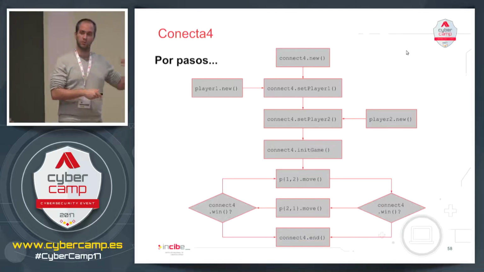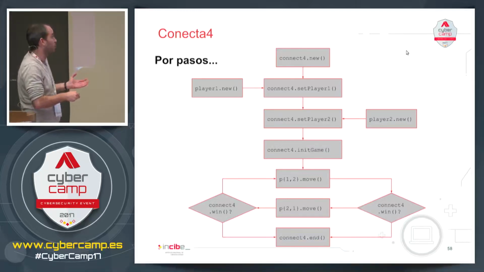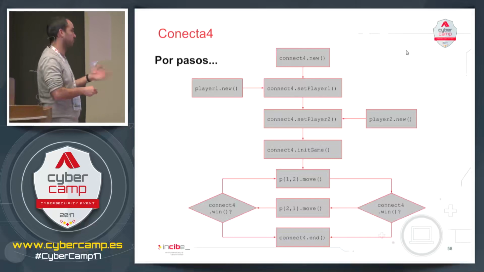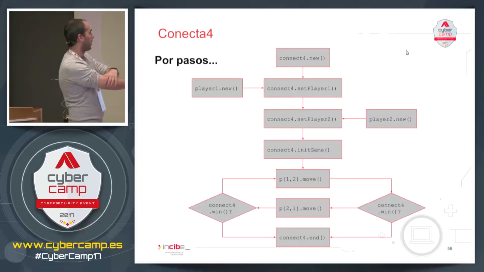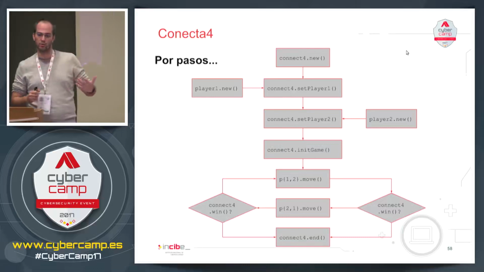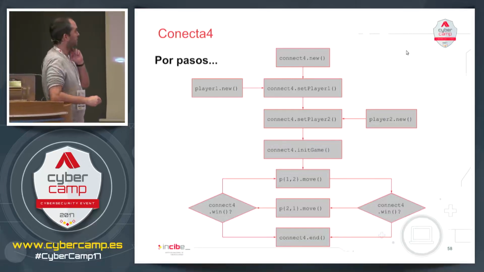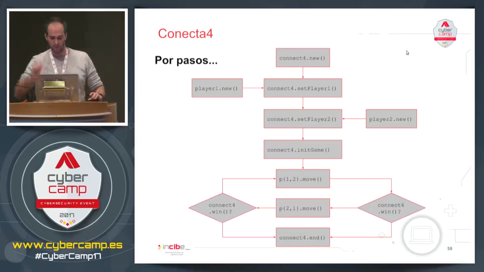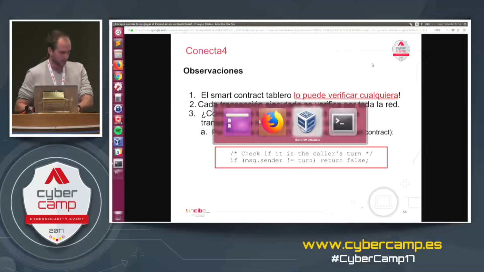It has to decide who starts, player 1 or player 2, and then they start to move and to play. Every time a player makes a move, the board checks if the winning condition is met. Otherwise, if there's no win yet, the next player plays, and if there's a winning situation, the game is over. So it's quite easy.